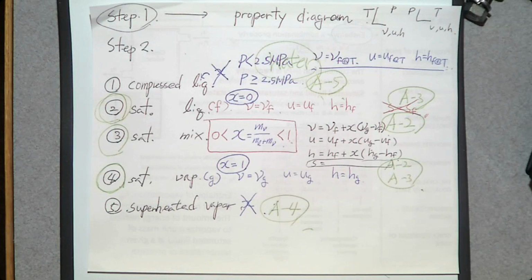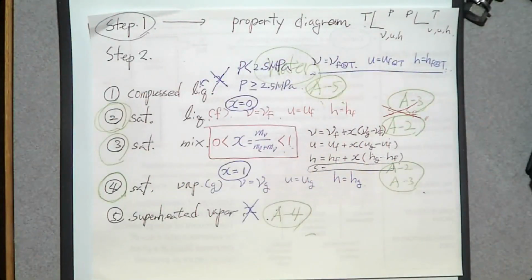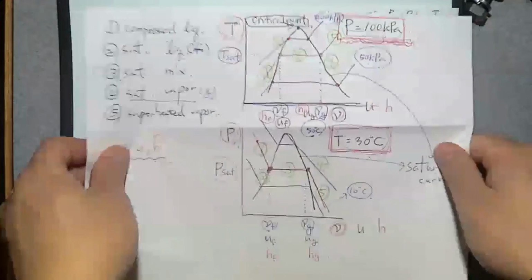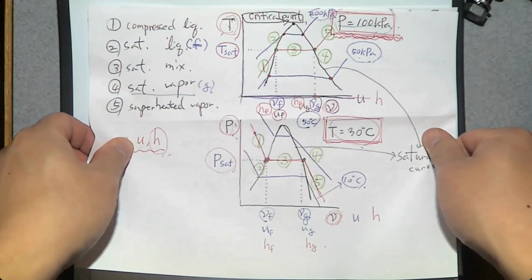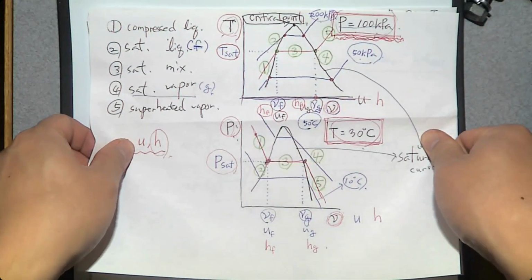Okay, we have 10 minutes, so let's see how we can evaluate a property. So we are going to practice how to evaluate property together. So this is number one, how to make property diagrams to determine the phase change process.